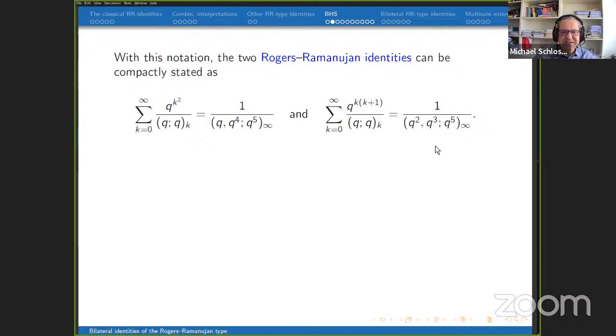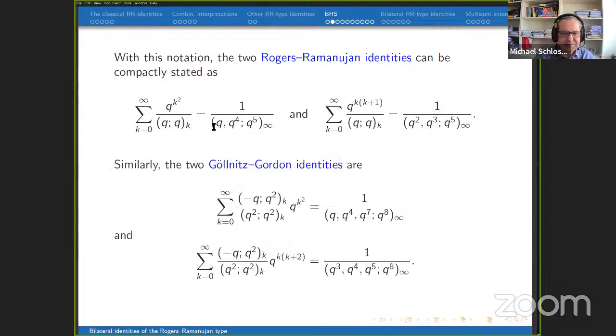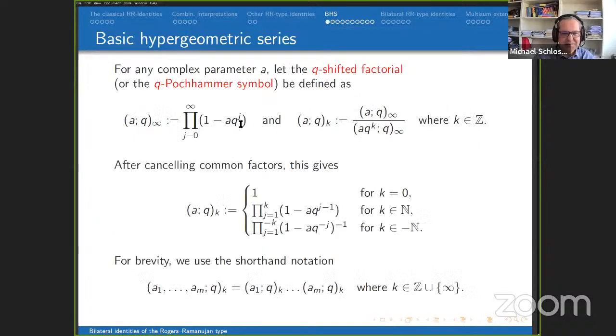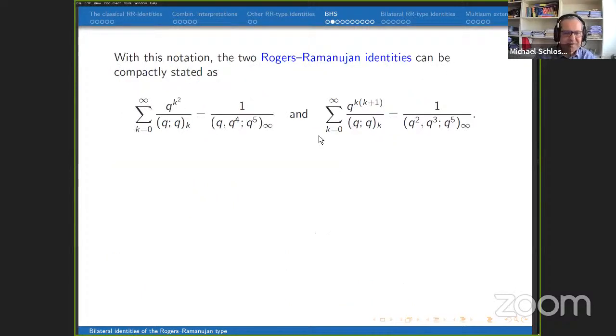I just want to now restate the two Rogers-Ramanujan identities conveniently using this new notation. So here we have base q, the shift. A multiplicative shift, it's by q. So you add factor q in each extra factor, 1 minus a, 1 minus aq. So a is always multiplied by q. And also remember here we had 1 minus q squared, and so on, on the left-hand side.